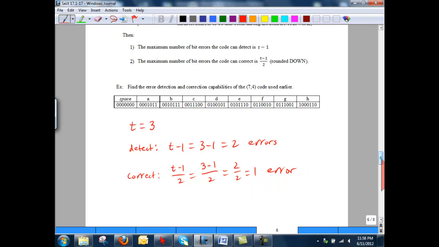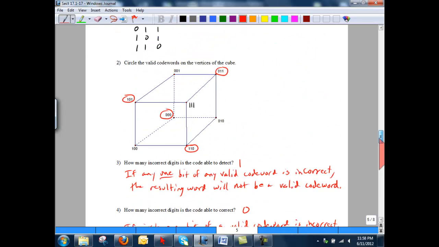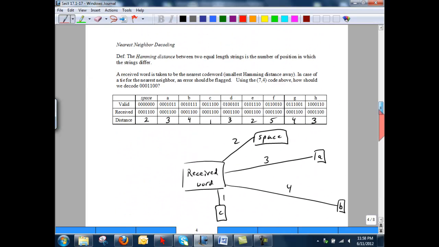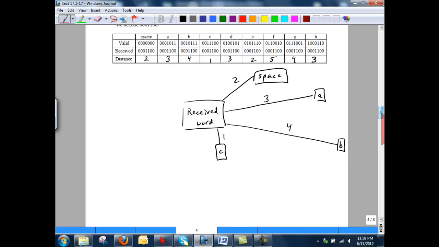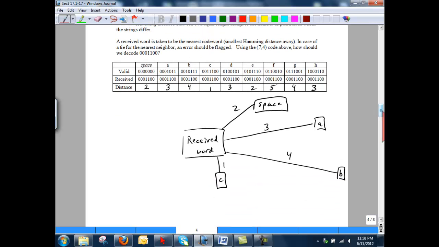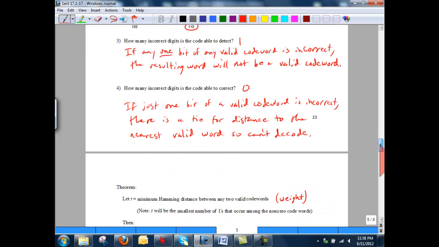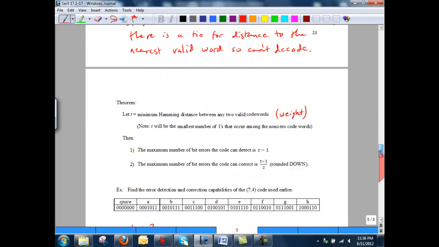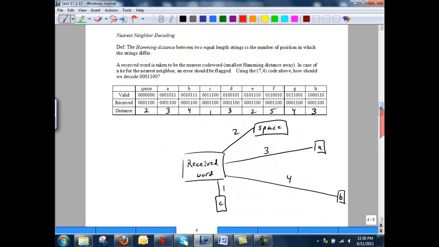So on this 7,4 code, again, this was the example with the word face, we can detect 2-bit errors. If I make a mistake in 2 positions of any valid word, I can still say, uh-oh, mistake made, and I can correct up to 1 error, and that's what happened here.